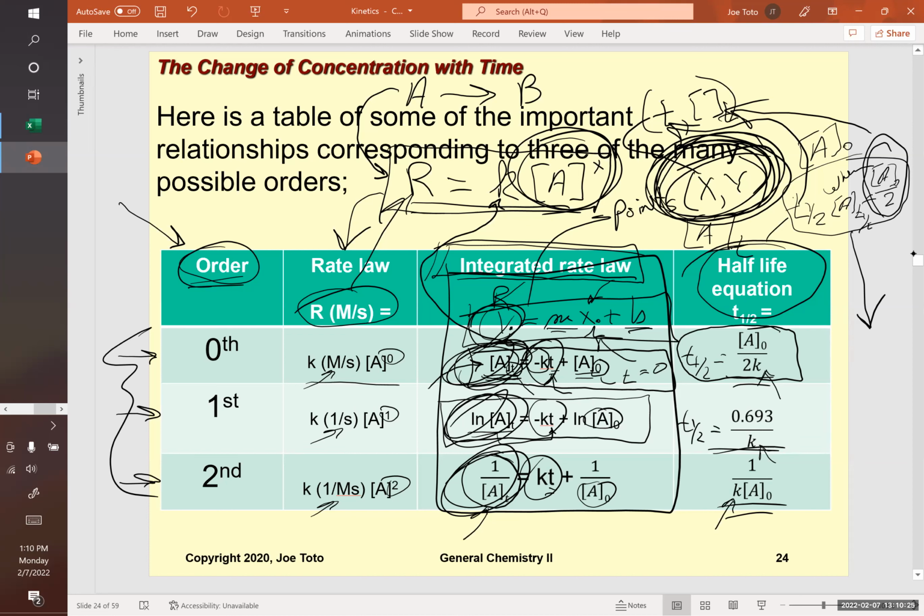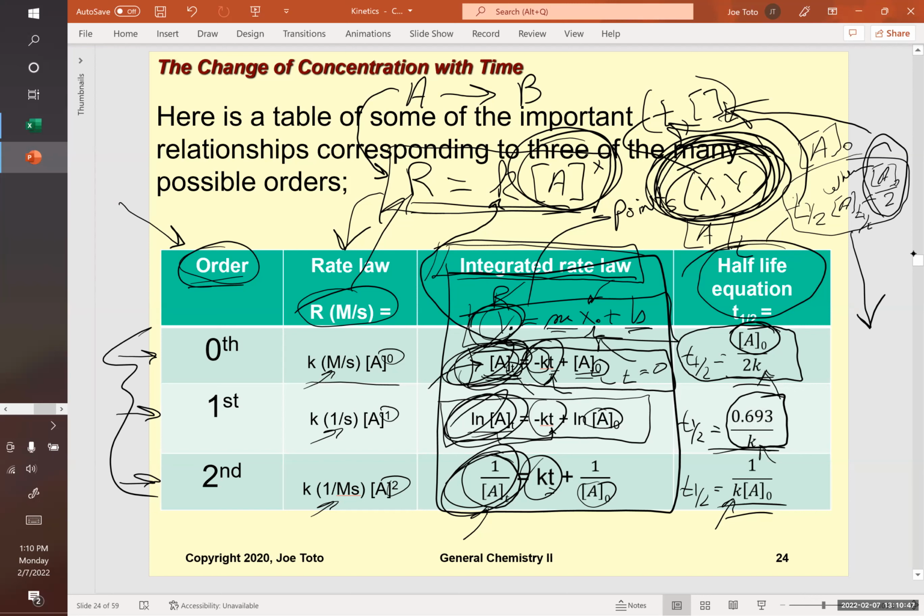Furthermore, notice that the half-life is directly proportional to the initial concentration for a zeroth order reaction, and is independent of the initial concentration for a first order.